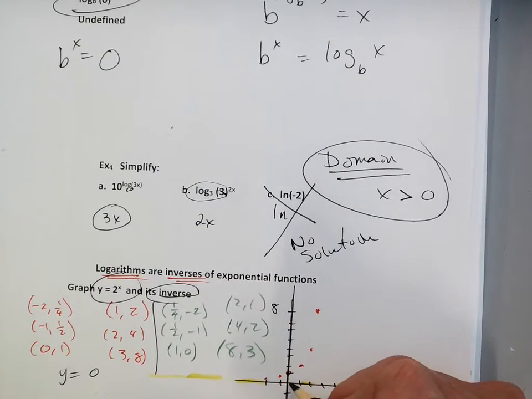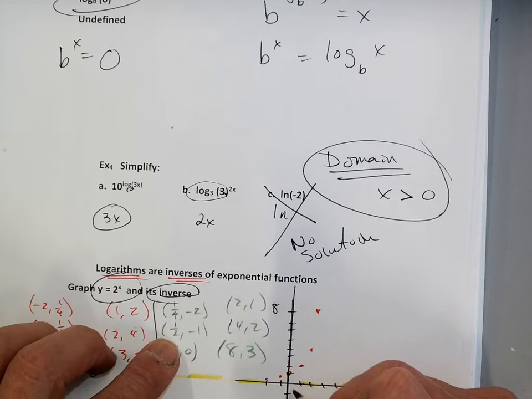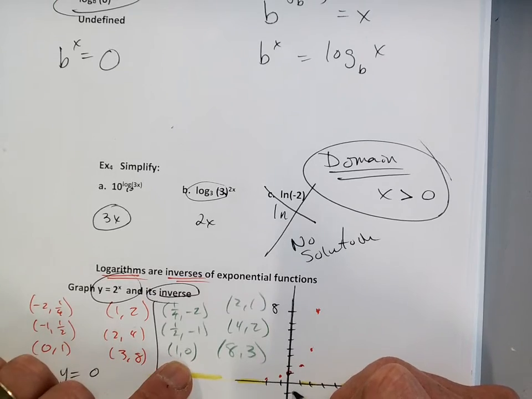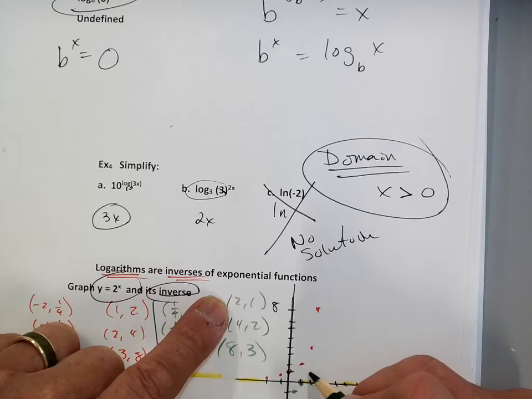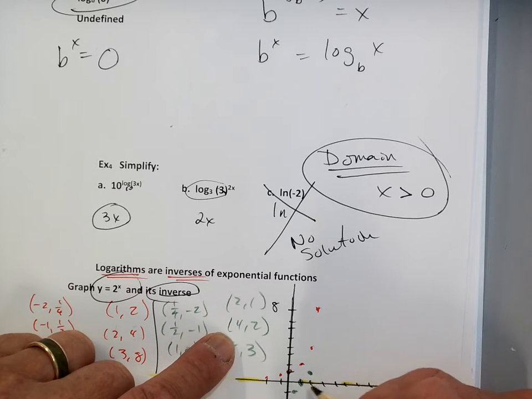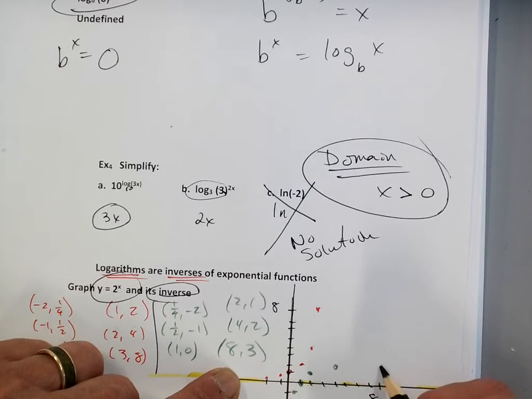1/4, -2 is right there. 1/2, -1 is right there. 1, 0 is there. 2, 1 is there. 4, 2 is about there. And 8, 3 is there.